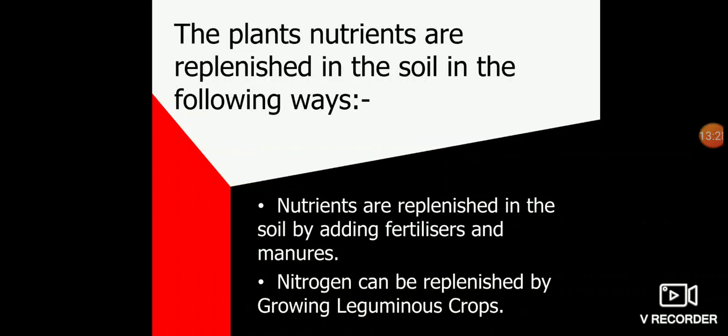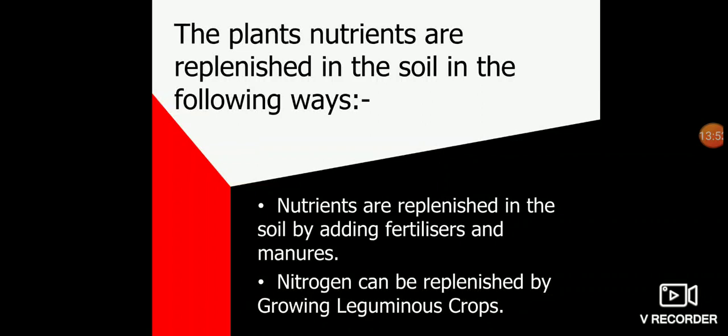And manure, you can make compost from the dead and decaying parts of leaves and animals, and this is called manure, which is organic in nature and biodegradable. So it is more useful than the fertilizer.